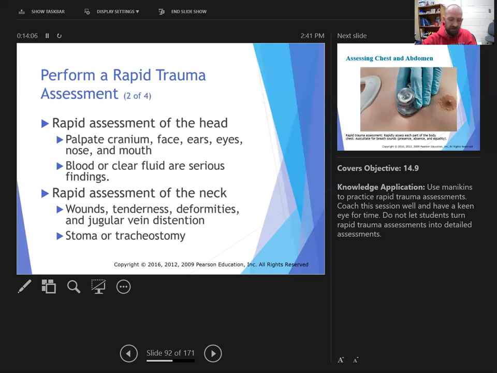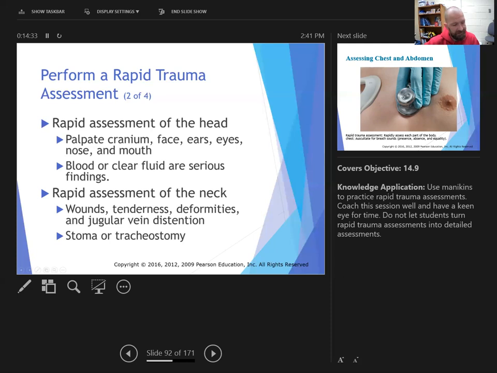Normally your vertebrae sit right on top of each other, but if there's an injury, maybe it's stepped off like that. So instead of being lined up, we feel a large step-off, and obviously that would be a sign of an injury. So we're looking for those as well.